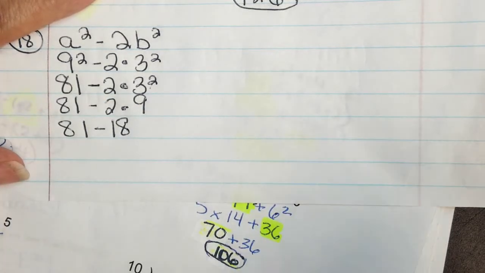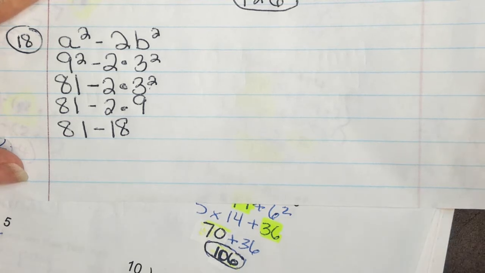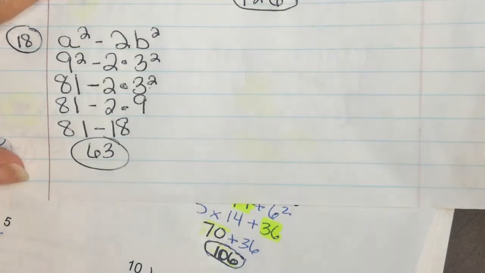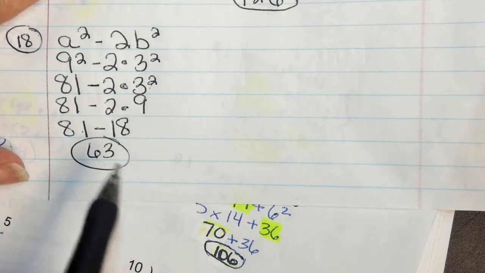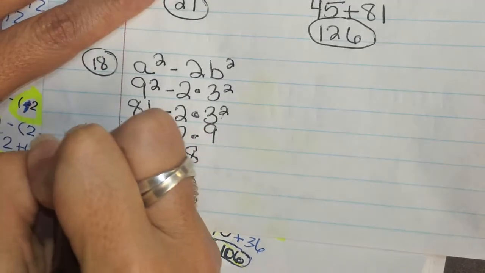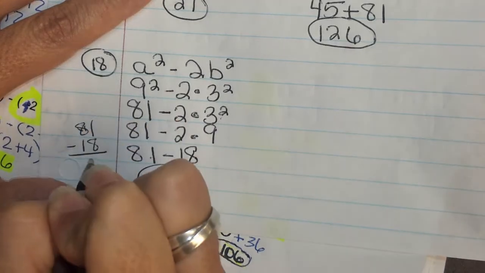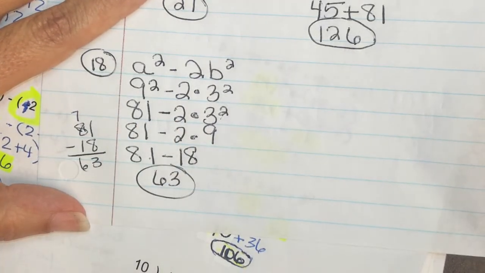And then 81 minus 18? 63. It's okay, because with 8 out of 11, you got to borrow. Listen, 81 minus 18. That's too slow. Oh, I got 53. 63.